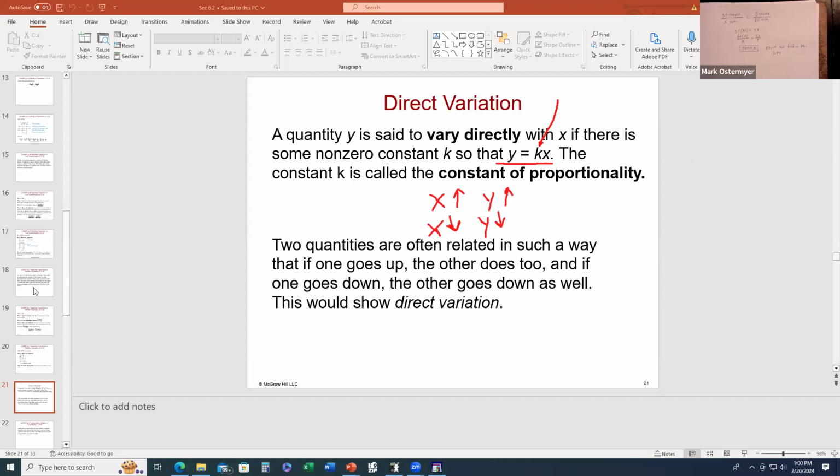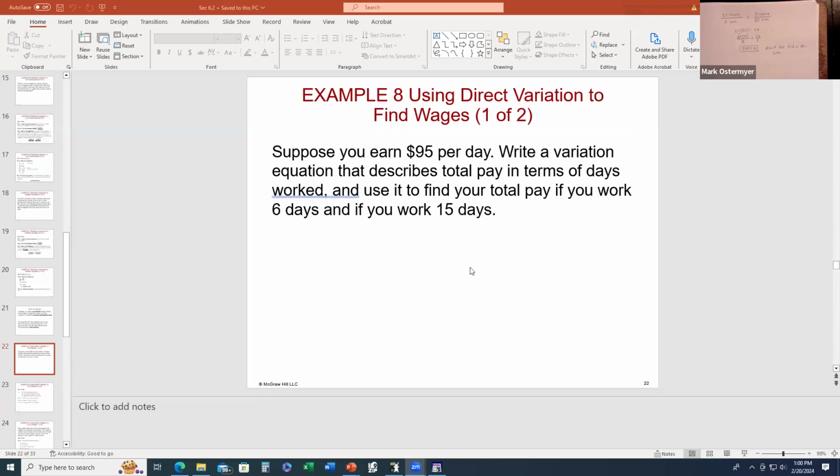All right. Okay. Here's an example. Suppose you earn $95 per day. Write a variation equation that describes total pay in terms of days worked. Use it to find your total pay if you work 6 days or if you work 15 days. So I will let P represent pay.